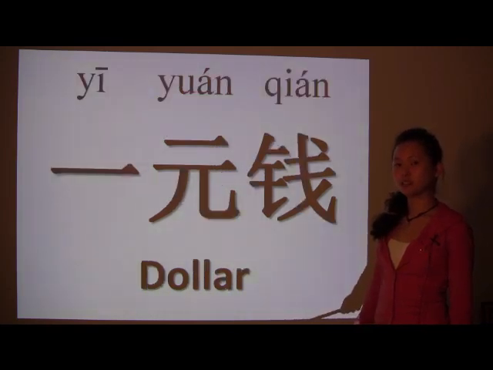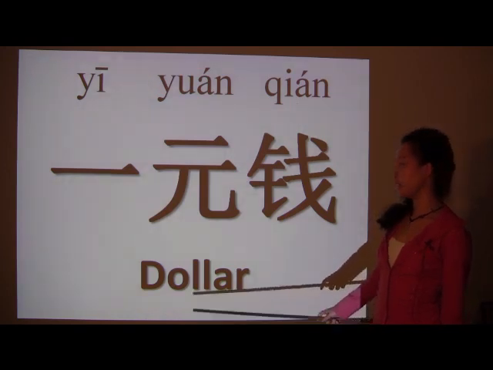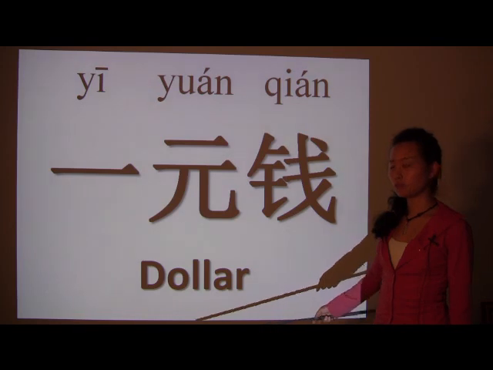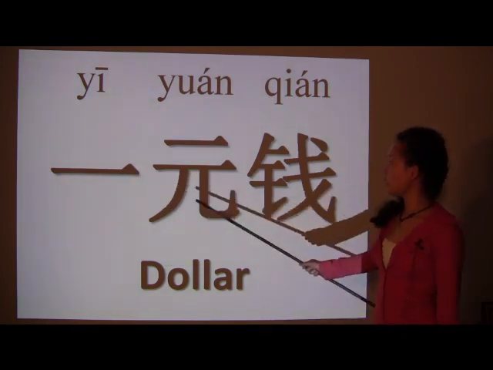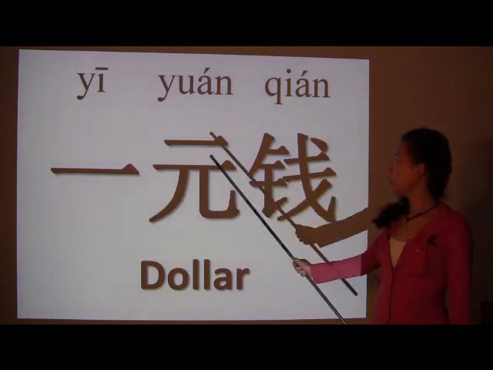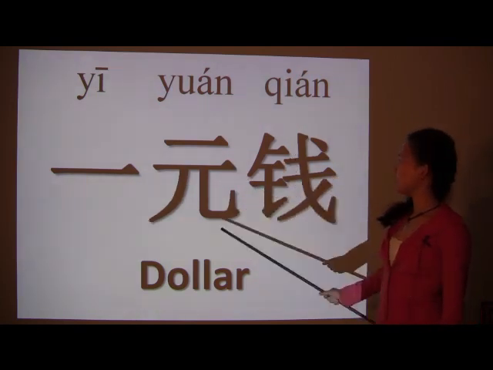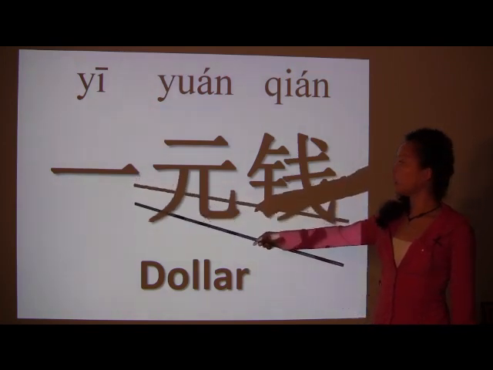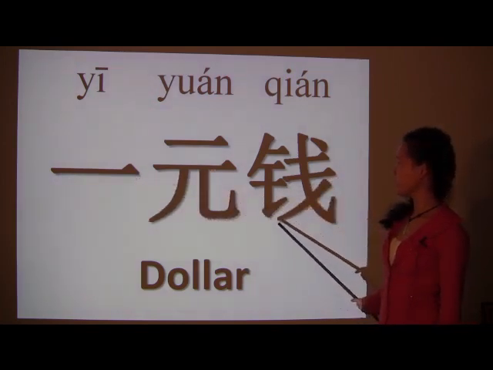Now, for $1, there are two ways to say it. The first way, you could say 一元钱. 一 stands for one. 元钱 is dollar. $1, 一元钱.